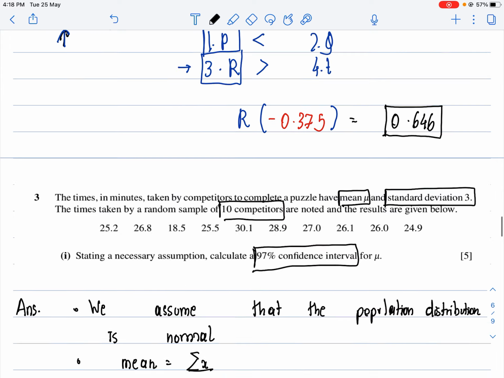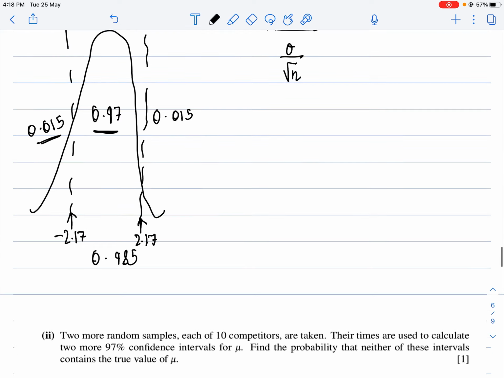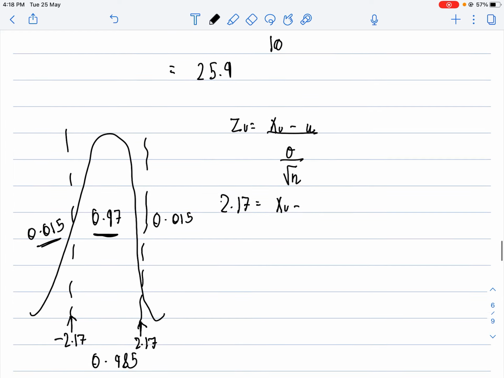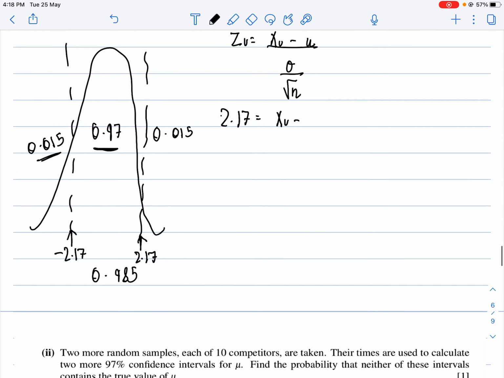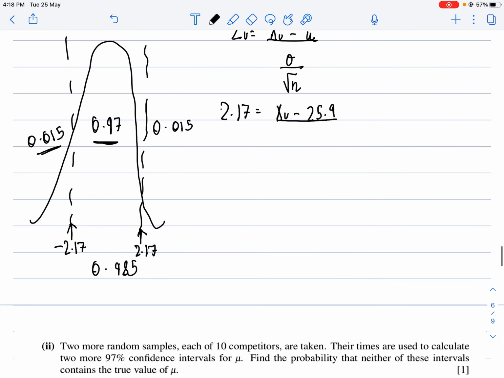So I can write this as 2.17 and minus 2.17. So 2.17 equals x upper minus the mean, which we calculated as 25.9, over the standard deviation, which I know is 3, over root n, which is root 10.